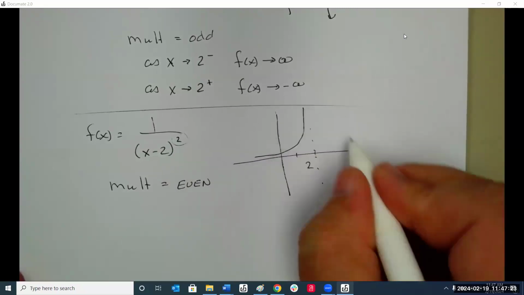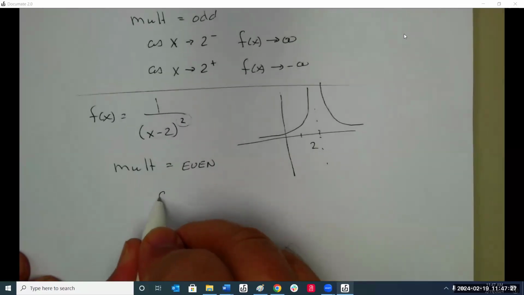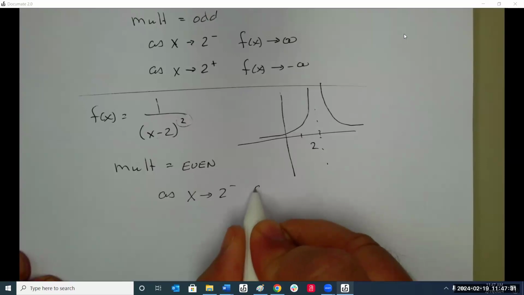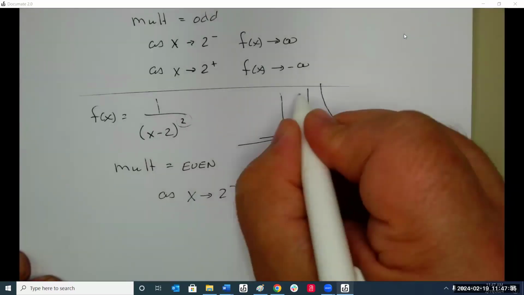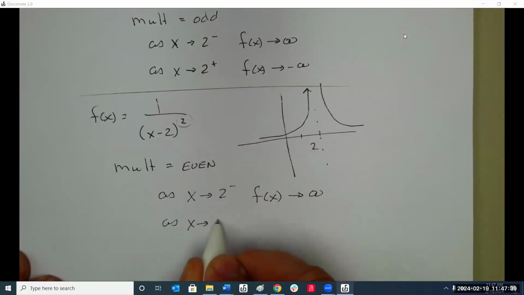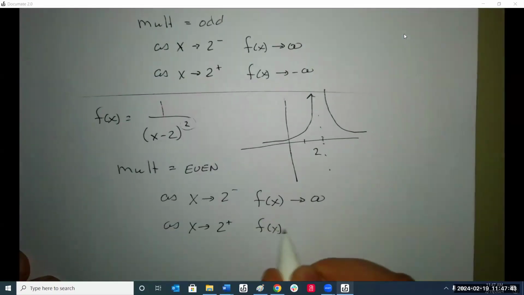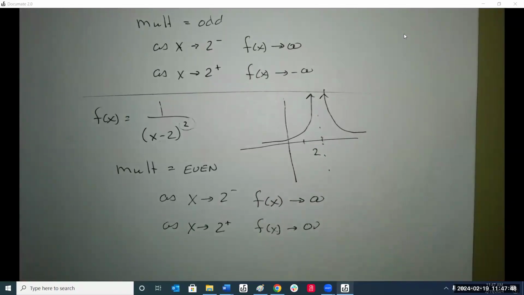I mean, it's squared, so it's never negative. As x approaches 2 from the left, the function goes to +infinity. As x approaches 2 from the right, the function also goes to +infinity.